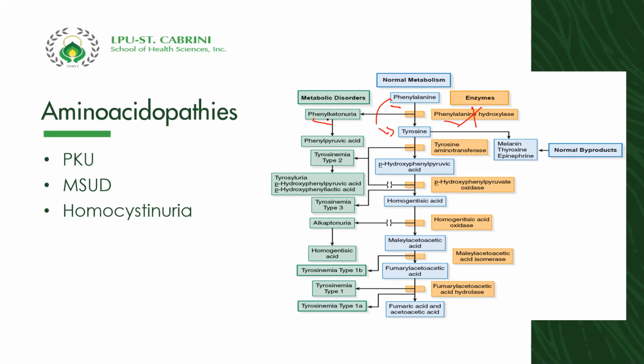Now, what will happen? Our tyrosine will be deficient, depleted. Deficiency in tyrosine can lead to problems such as mental retardation. Another is that a patient with phenylketonuria will develop a fair complexion.